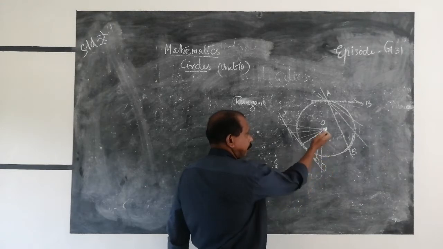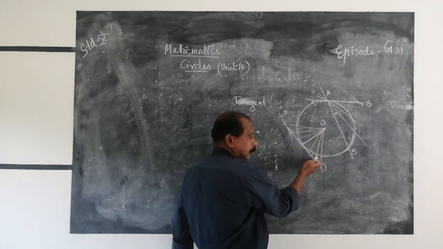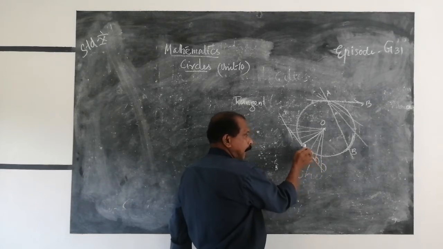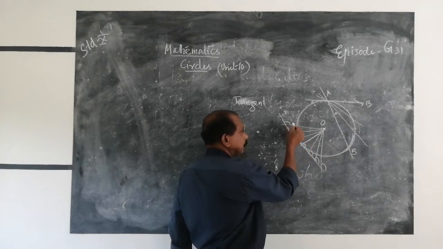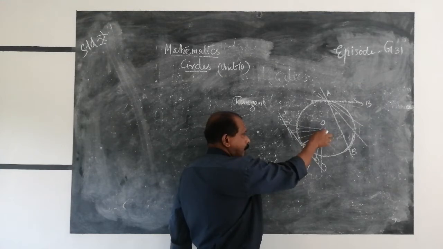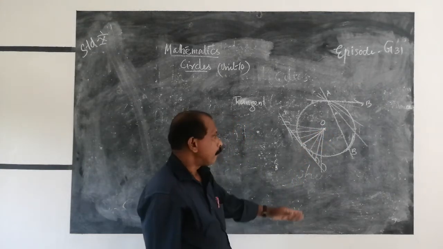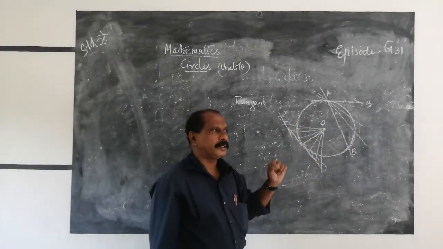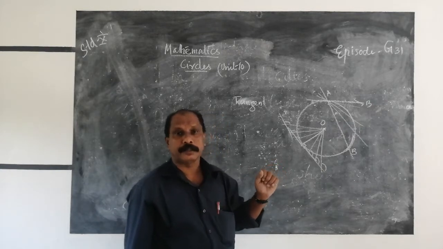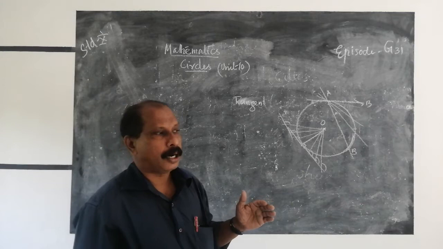When the length of the line from the center to the tangent decreases, the angle also decreases. At a point this is the shortest length to the tangent, but all the other lengths are there. The angle against the larger side is larger, and the angle against the smaller side is smaller.